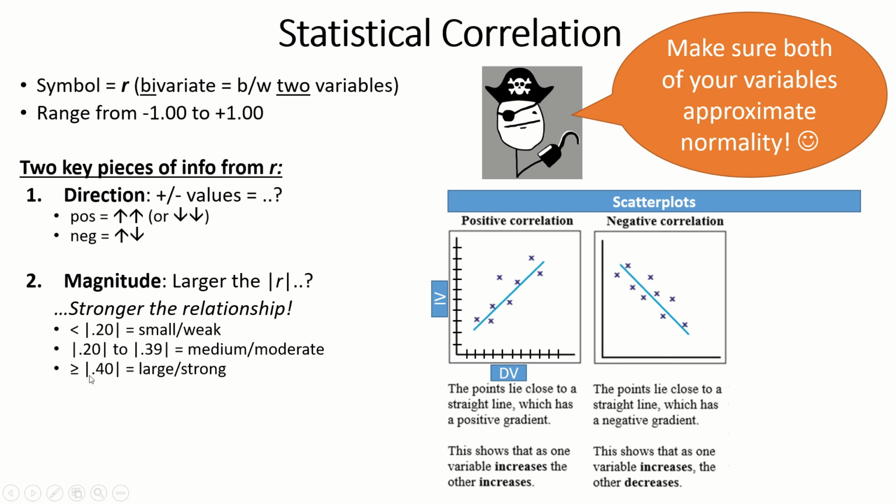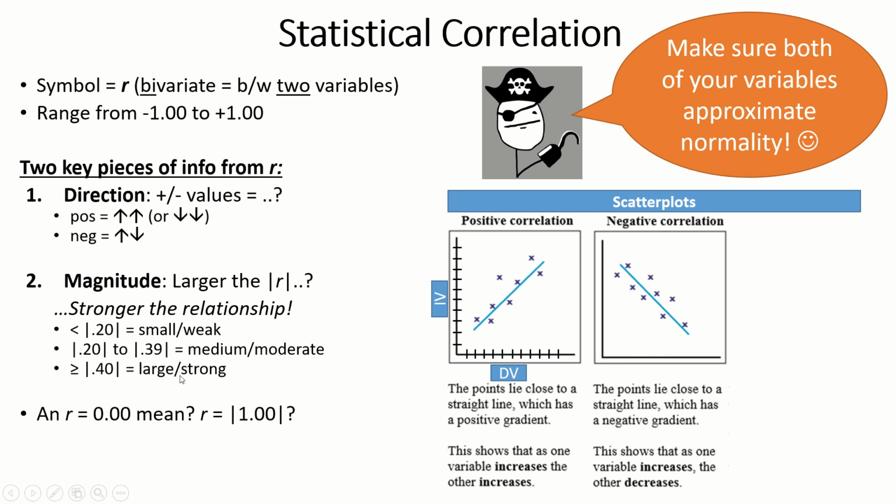And 0.4 or above is strong. I know you have guidelines for interpreting a whole bunch of stuff: P, D, partial eta squared, and now R. I'm sorry, it's a pain, I know, but it's just something you have to memorize, right?